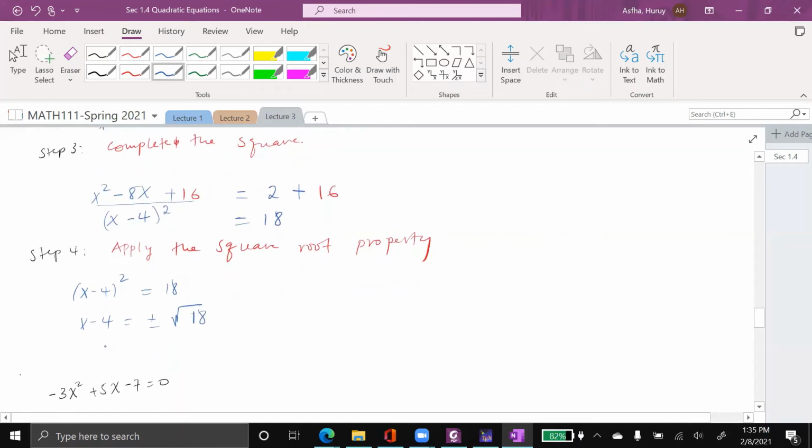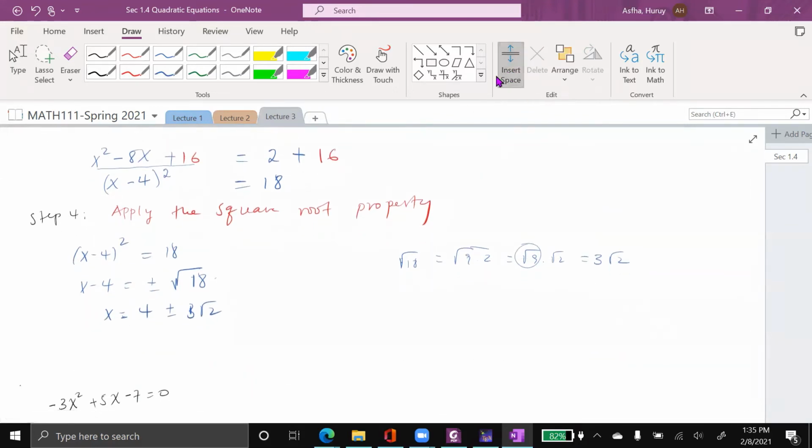And x has to be, we add 4 on both sides. So we move this one to the right side, and it becomes 4 plus or minus. And this one, we simplify it. This is 9 times 2. We have root 18 equals root 9 times 2, and this is root 9 times root 2. This is a perfect square, so it's 3 root 2. So we have 3 root 2. Therefore, the solution set to this one, of course, we have to check it.